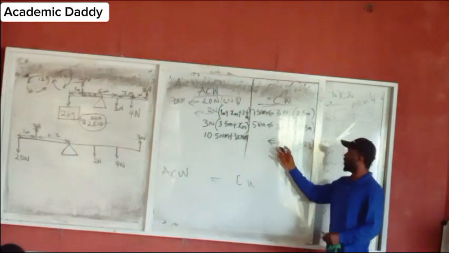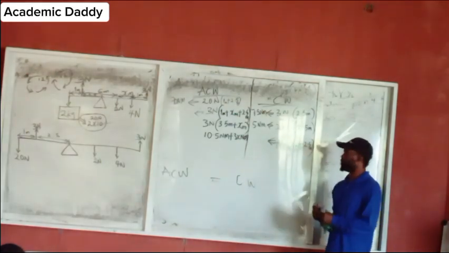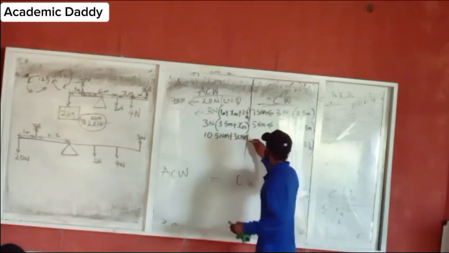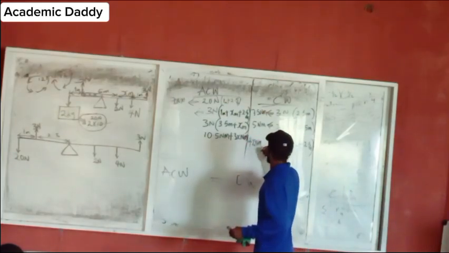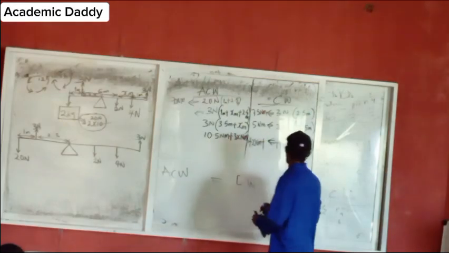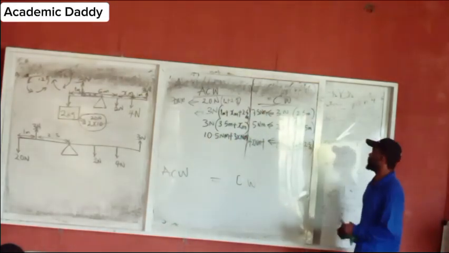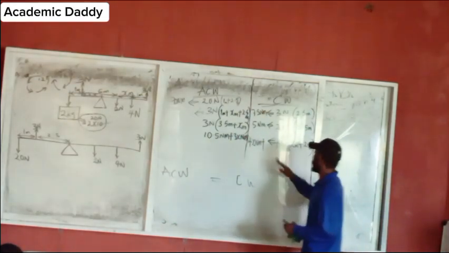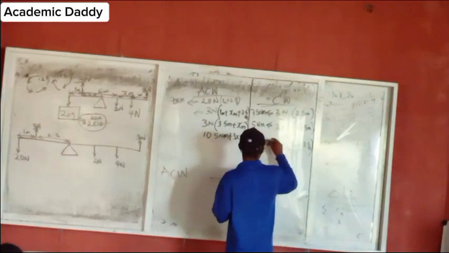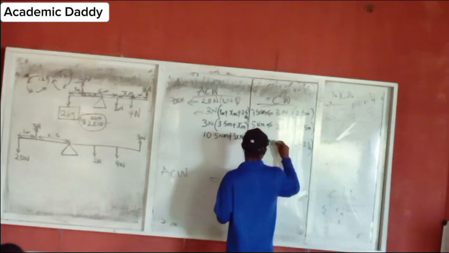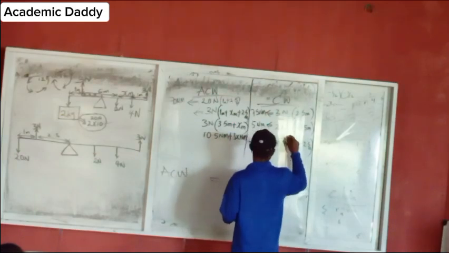That means 4 times x meter gives me 4x Newton meter, plus 4 times 2.5, which is 10 Newton meter. So I have the 4 Newton moment.